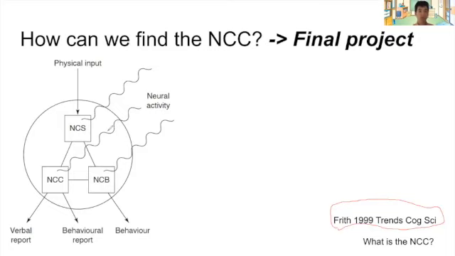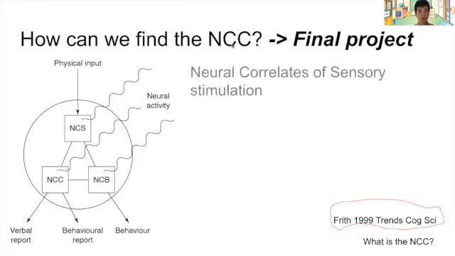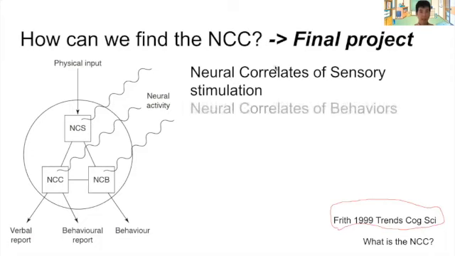Okay. So what they did conceptually is the clarification of the neural correlates into at least 3 different components. So first is the neural correlates of consciousness. And the other one is the neural correlates of sensory stimulation, NCS. And then another one is the neural correlates of the behaviors. So physical input comes into the brain through the eyes and LGN and so on.